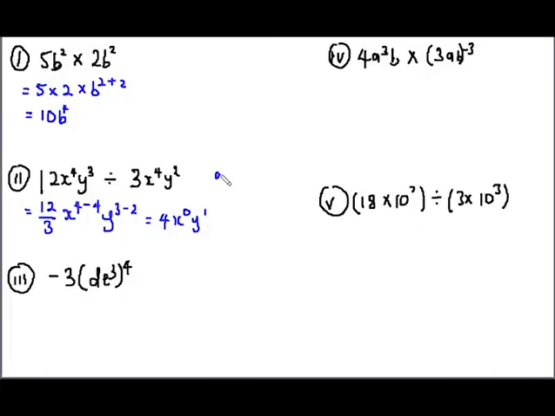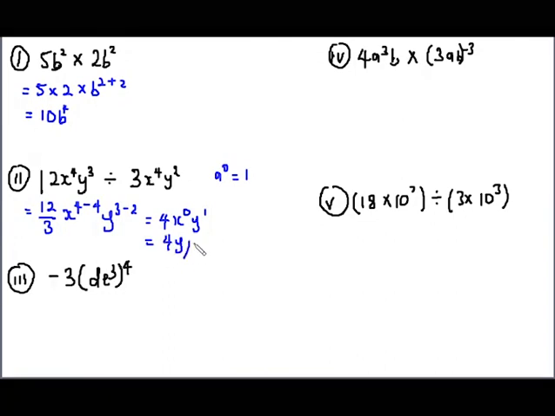Remember, any number raised to the power of 0 is equal to 1, so our x here in this case is automatically equal to 1, which gives us a value of 4y. So the result to this problem is 4y.